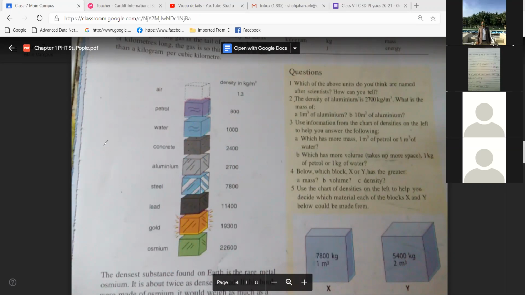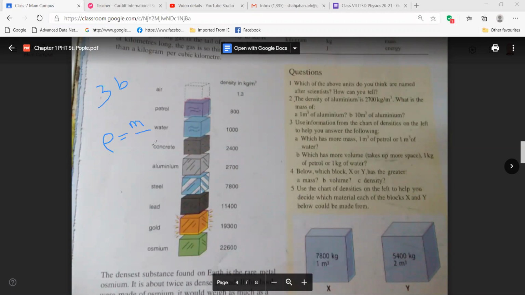You see, we are doing now 3B. How to get the volume? We have this formula: rho equals mass per volume, right? Rho means density. Density equals mass per volume. So volume will be what?